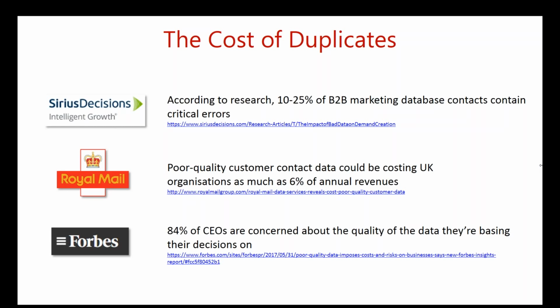And as this small selection of statistics highlights, poor quality data reduces the impact of marketing campaigns, has a negative impact on turnover, and compromises the insights that business leaders are able to gain from their data. Duplicated records are a major factor behind all of these problems.